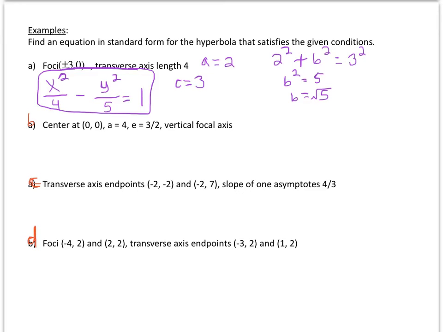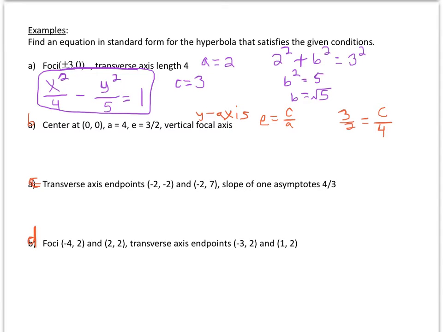So if our focal axis is vertical, that means that it's the y-axis. So we're going to use the second column. Also, my box for eccentricity is on the next slide, but remember that e equals c over a. So they gave us what e is. It's 3/2. And they gave us what a is.